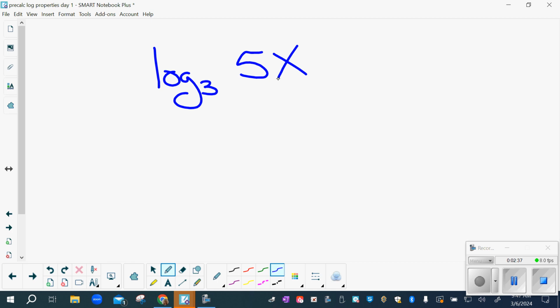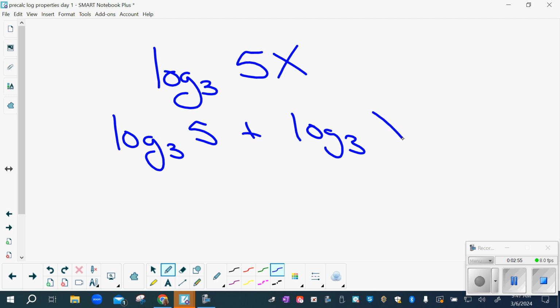Please stretch that out, or expand it. If you said log base 3 of 5 plus log base 3 of x, you are on fire. Nice and easy, nothing really tricky there.